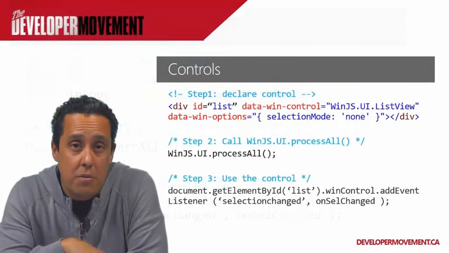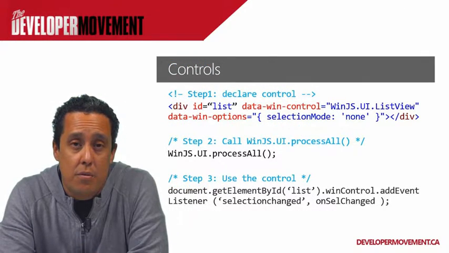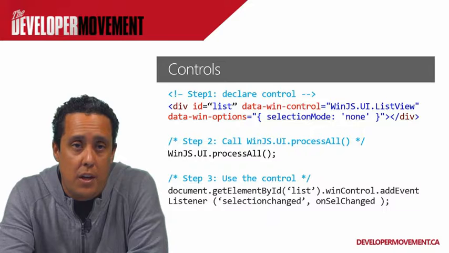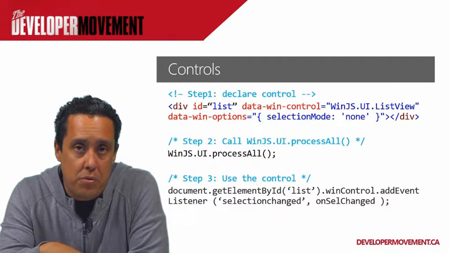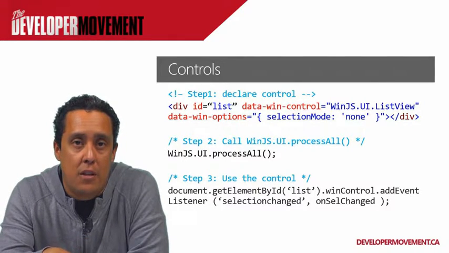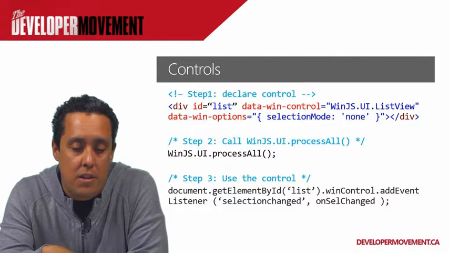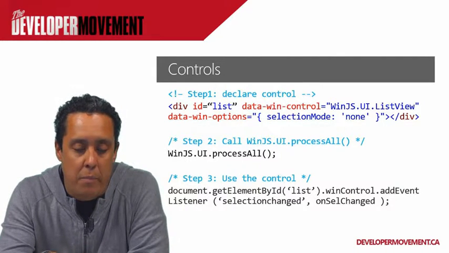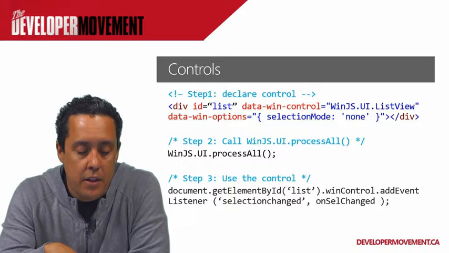And how the control gets created is through WinJS.UI.processAll. What this does is it goes into your DOM and looks for any data-win-control attributes in any elements, and if it finds it, it's going to process that and generate HTML within there, say, for example, the list view or the app bar or anything like that.